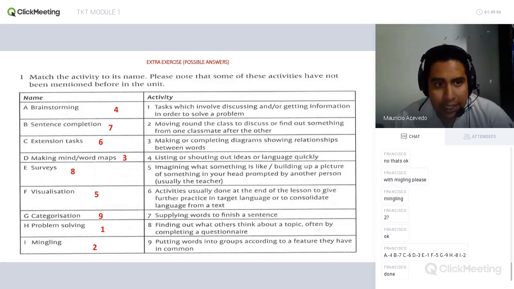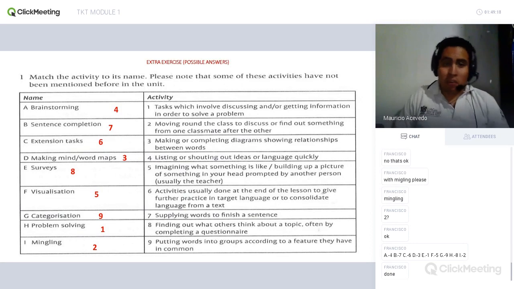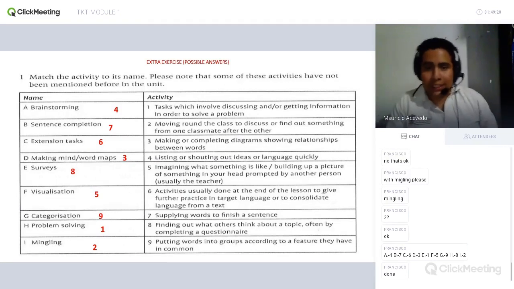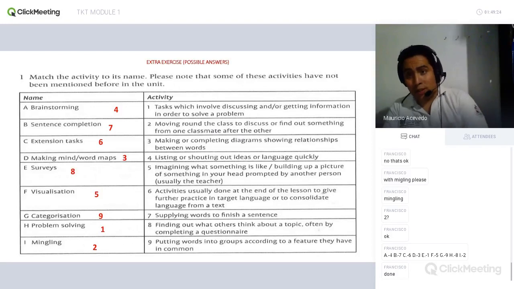D 3, E 1. So service is a task that involves discussing, but this is not exactly a survey, right? A survey is a little bit more formal: finding out what others think about a topic, often by completing a questionnaire. Remember, questionnaire and survey have to do.